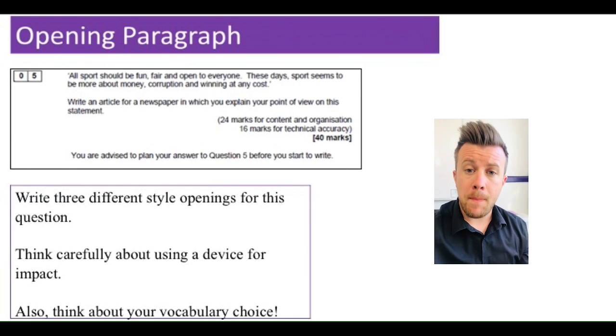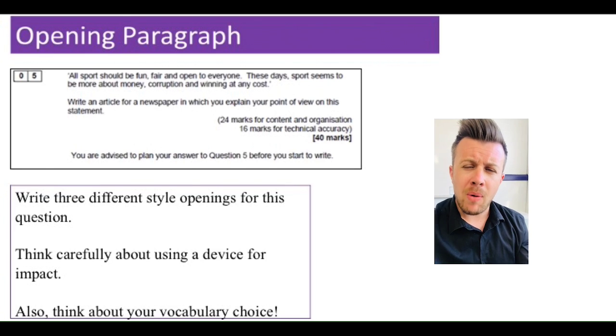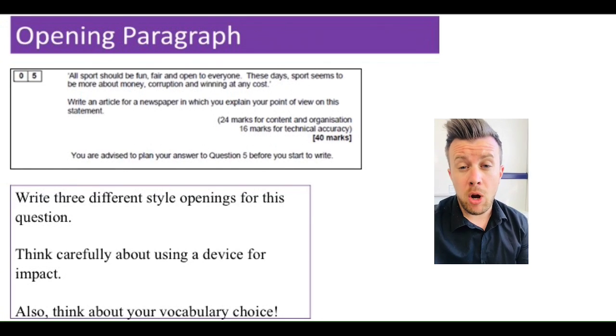So thinking about both of those two candidate responses that we've looked at, there are many more, and we'll look at some more detailed candidate responses in class. But what I would like you to do now is going back to the question about the sports stars, is to write 3 different style openings. In each of your opening paragraphs, I want you to have a go at including at least one device.